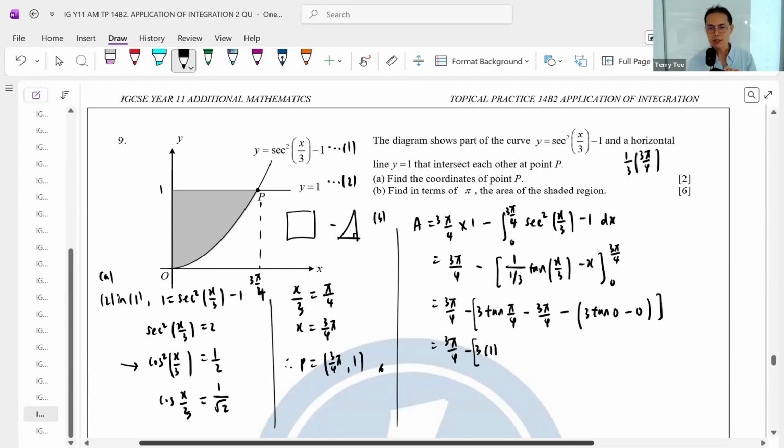This is 1. 3 pi over 4. Tangent 0 is 0. Right. So simplify this. Minus minus is plus. 3 over 4 plus 3 over 4 is 6 over 4. 6 over 4 is 3 over 2 pi minus 3. So your area is in square unit.